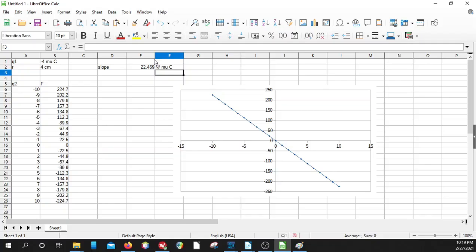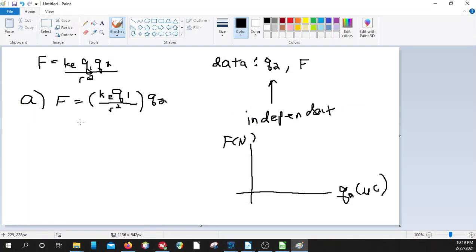And let's go back to our equation again, and we can see our slope is here as well. So our slope is equal to KEQ1 over R squared. And now we have our slope. Let's just call that M for now because we're not using M for anything else. That's known. This is 22.47, I'll say, newtons per microcoulomb.